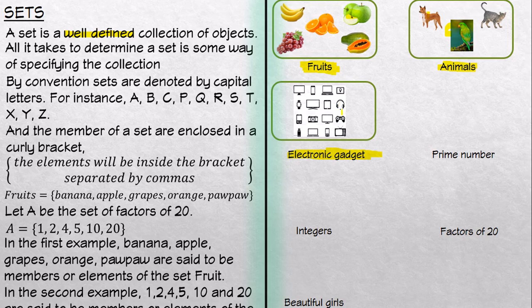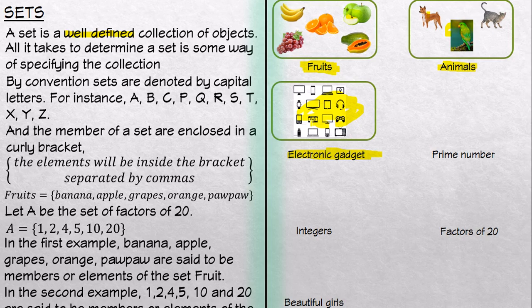So in here I cannot have something like a dog because a dog is not an electronic gadget. I cannot have a banana in this set because a banana is not an electronic gadget. So that is what we mean by the collection of well-defined objects.